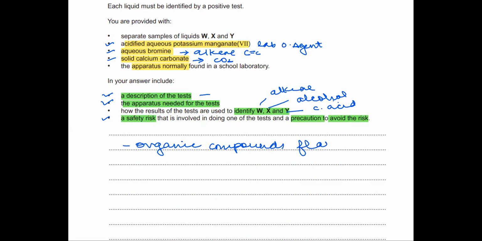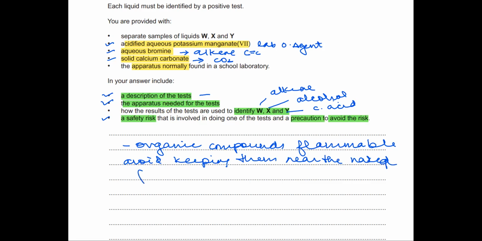Because they are flammable, they should not be kept close to the naked flame. So avoid keeping them near the naked flame. That's number one precaution. Now coming to the second precaution.